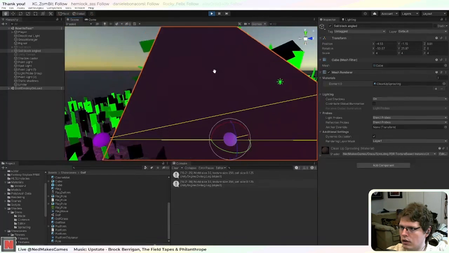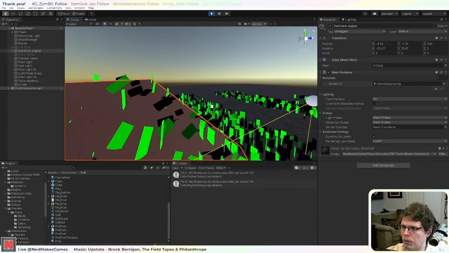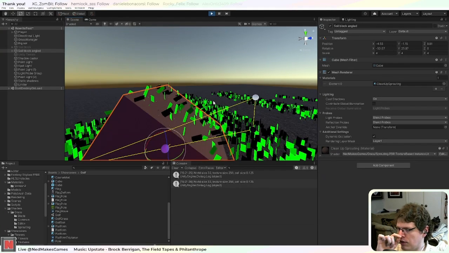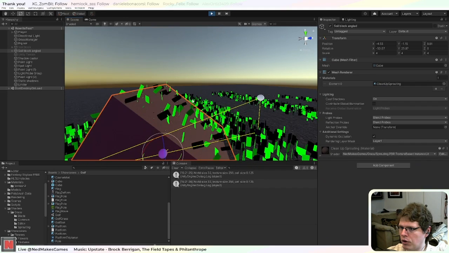No, I don't think this twist is working correctly. Oh, because, yeah, we're twisting around the normal vector, but the card itself is still pointing straight up in the world.